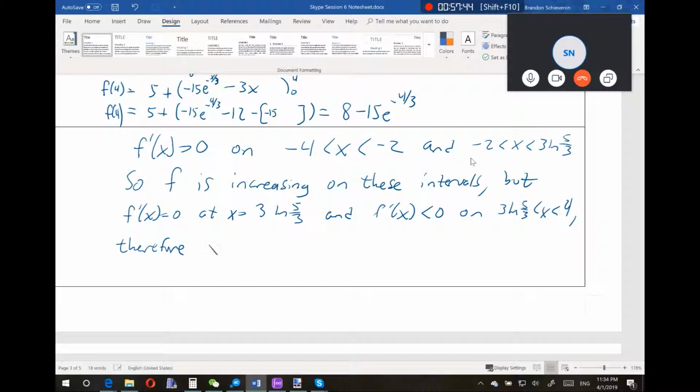Therefore, x equals 3 ln 5/3 is the absolute maximum of f.